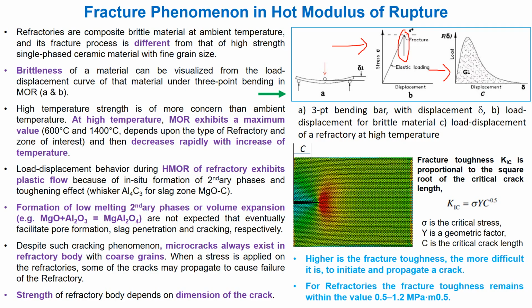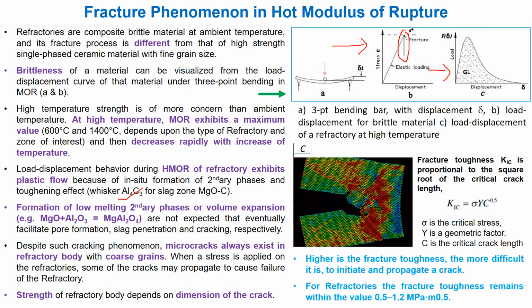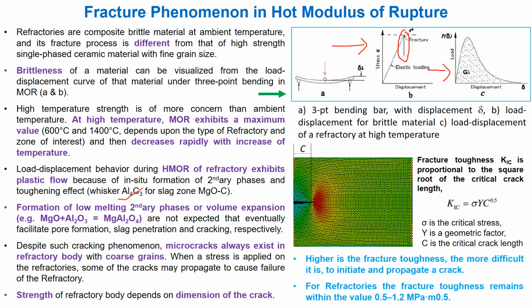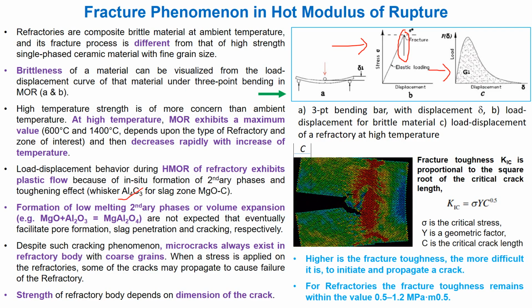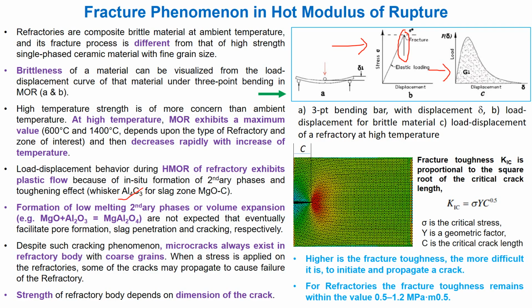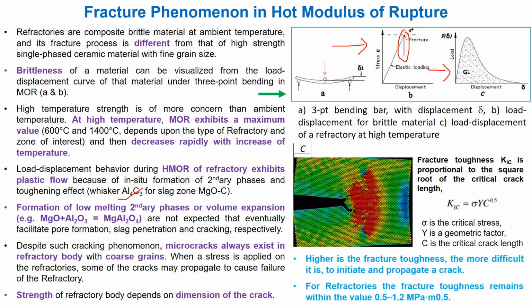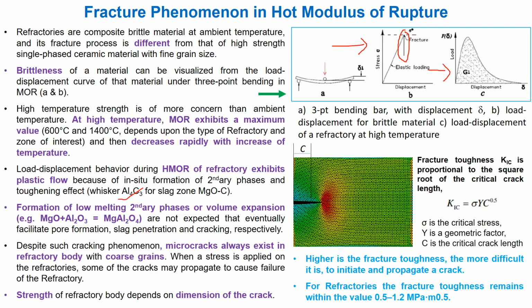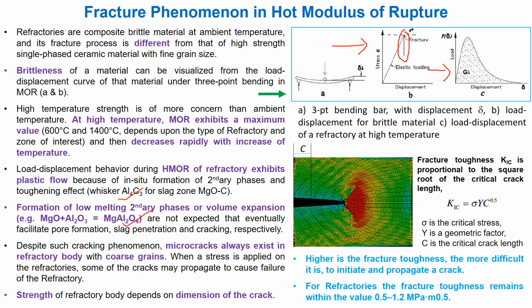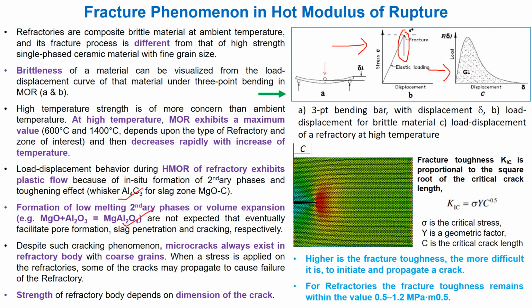It may be the whisker phase like aluminum carbide, low viscous phase or other phases. A high content of low viscous phase facilitates rapid slag interaction, thus pore formation and slag penetration, or volume expansion like spinel phase may enhance micro cracking.